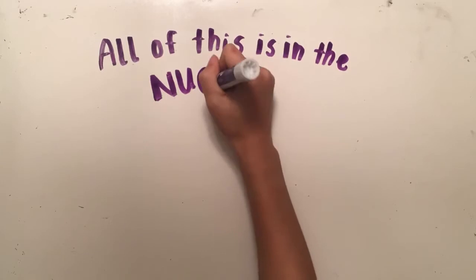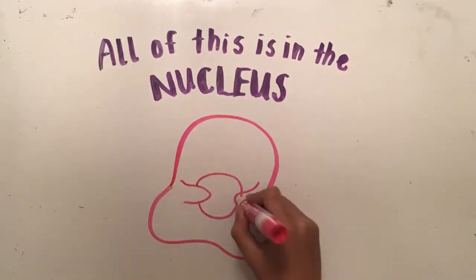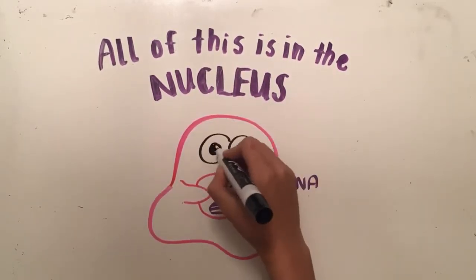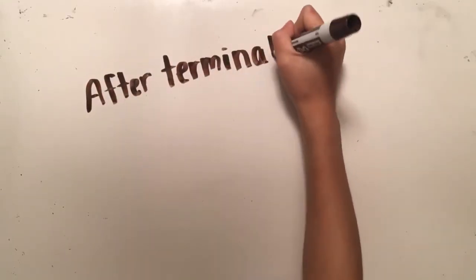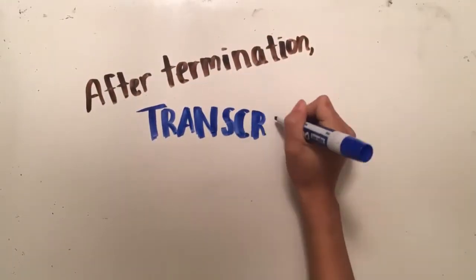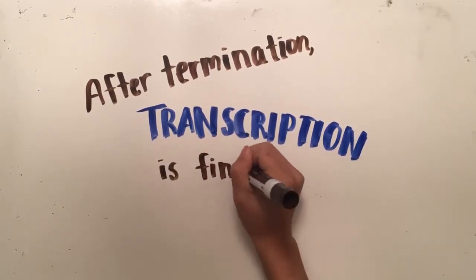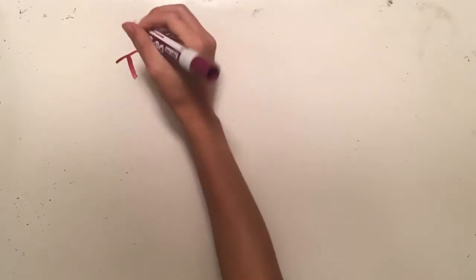All of this has been happening in the nucleus. The mRNA, whether it is mutated or not, then moves from the nucleus to the cytoplasm. After termination, transcription is finished, creating an mRNA which is ready to be used in translation.